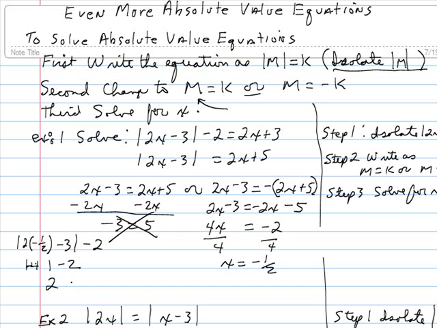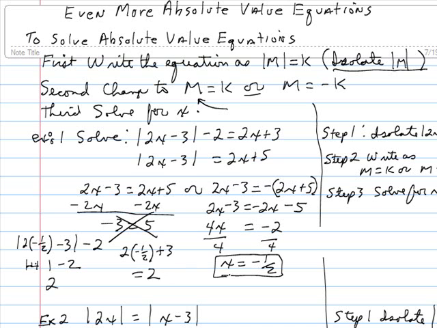Let's take a look at the other side. On the other side, we had 2x plus 3, so that's 2 times negative 1/2 plus 3. Well, that's also equal to 2. So that does check out, and that is a valid solution.